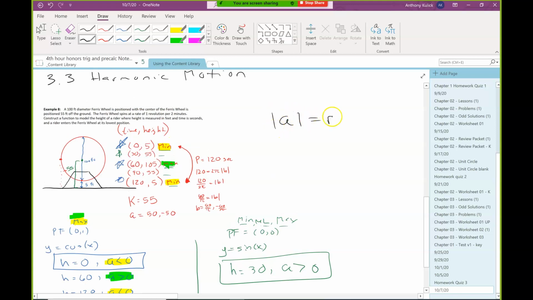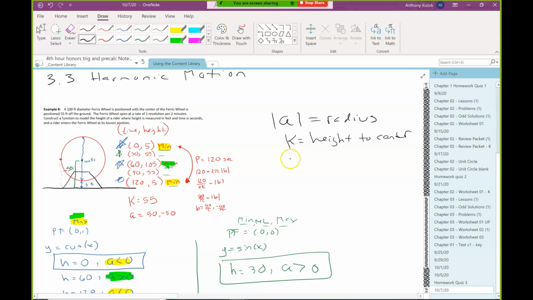The magnitude is basically the radius, right? K, the height to the center. The period is the time for one rotation.